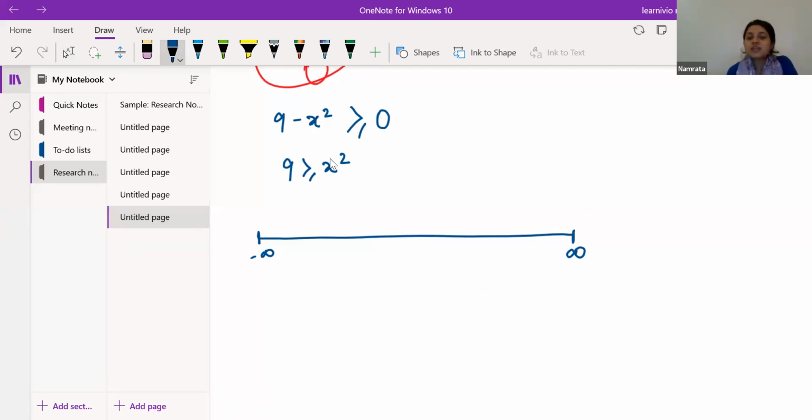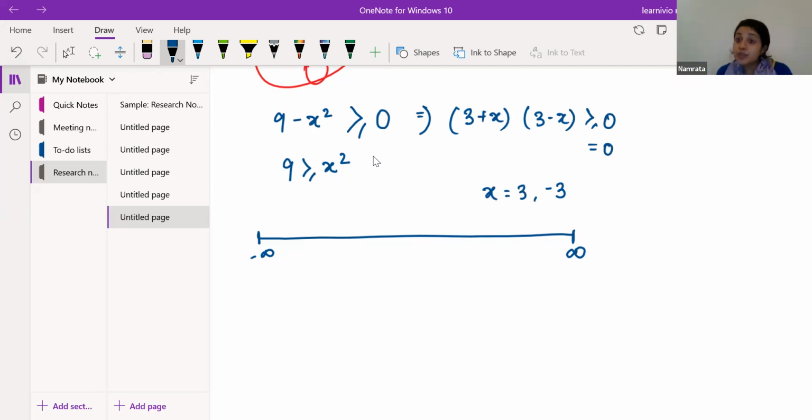You can say this will be (3 plus x)(3 minus x) greater than or equal to 0. If equals to 0 were there instead of the greater sign, we would have got x value as 3 and x value as minus 3. But due to the inequality, we are not getting these values.